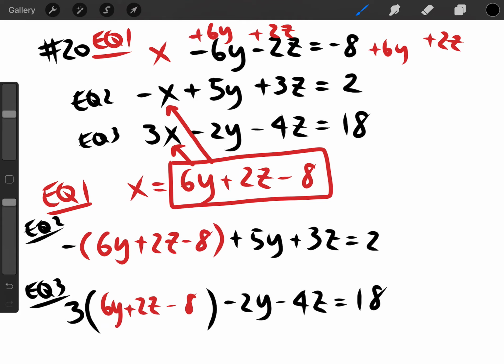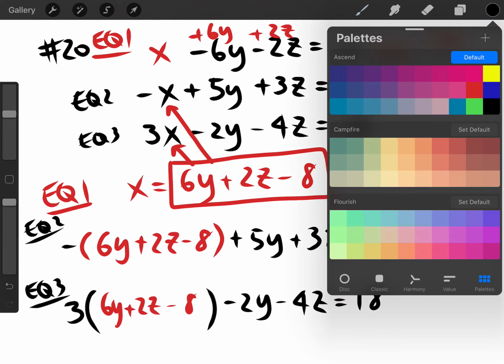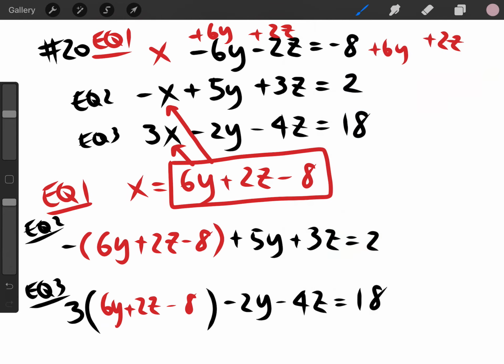After you do that, you're going to have to combine the like terms. The only part I'm a little worried about is the distribution. You're going to distribute the negative to all three terms, and for equation 3, you're going to distribute the 3 to all the terms.